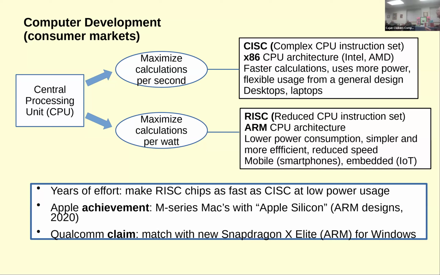And they now claim, and I will say claim, and we will see and judge at the end whether we think that might be true, that they have a new chip called a Snapdragon X Elite, which is an ARM chip, which they have designed to run Windows, and they say will do the job and match the Apple and move back into parity. So that's the topic. Are we going to see a new chip or Windows that works a whole lot better than we have now?